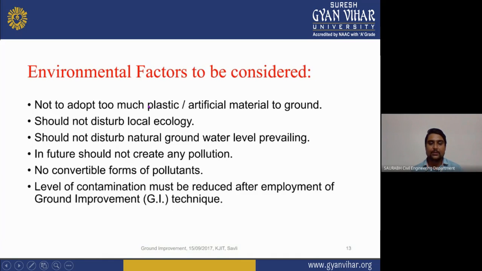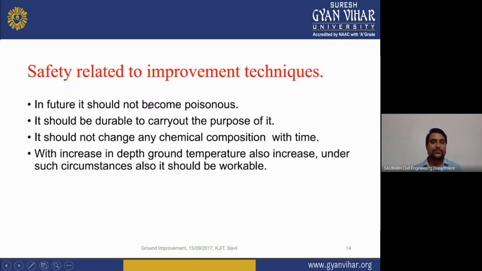The level of contamination must be reduced after employment of the ground improvement technique. Safety related to the technique: it should not become poisonous, it should be durable to carry out its purpose, and it should not change chemical composition with time. With increase in depth, ground temperature also increases; under such circumstances it should also be workable.